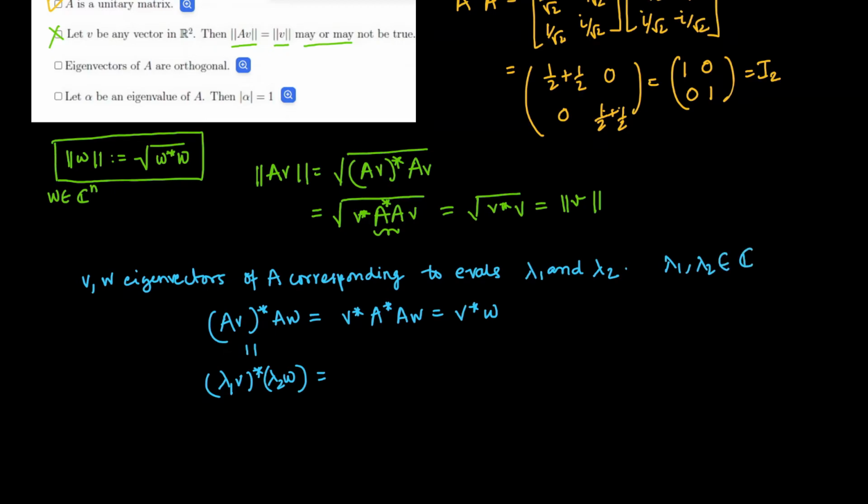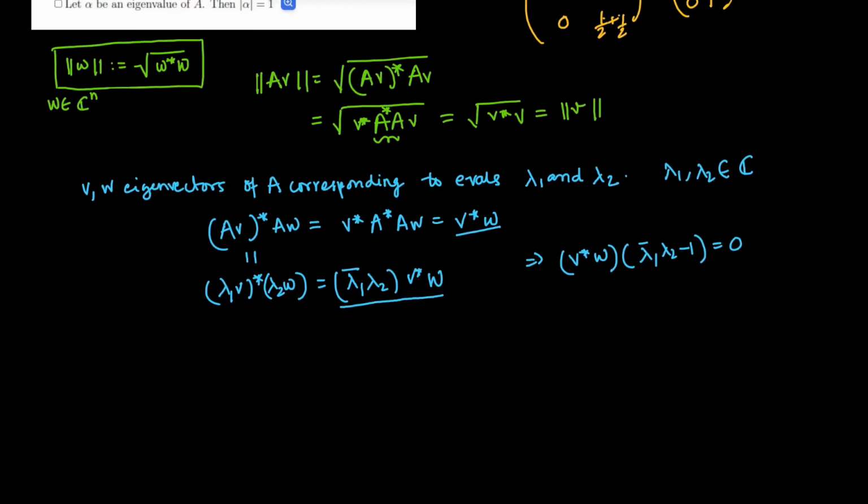In fact, they can be from C. So when we take the conjugate transpose of a complex number, we get lambda 1 conjugate times lambda 2. This is a scalar, and then we have V star W. So V star W is the same as lambda 1 conjugate lambda 2 V star W. So V star W, multiplied by lambda 1 conjugate lambda 2 minus 1, is equal to 0. So either of them should be 0.